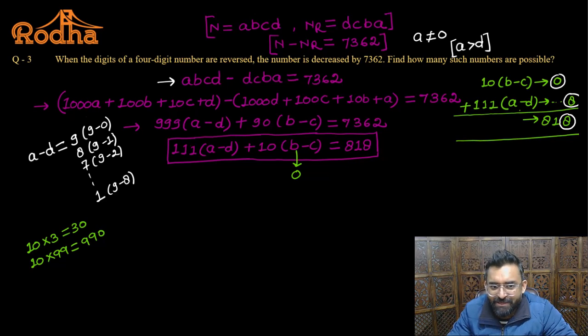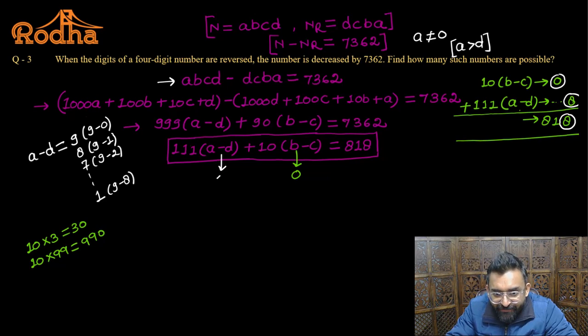And I have established the digits' difference cannot be more than 9. So 18 is not possible, because if you subtract 9 minus 0, still you are going to get 9. The difference of the two digits cannot be negative also. So 9 is not the possible case. More than 9 is not the possible case. And I want to make it 8. Why am I going to make it 8?